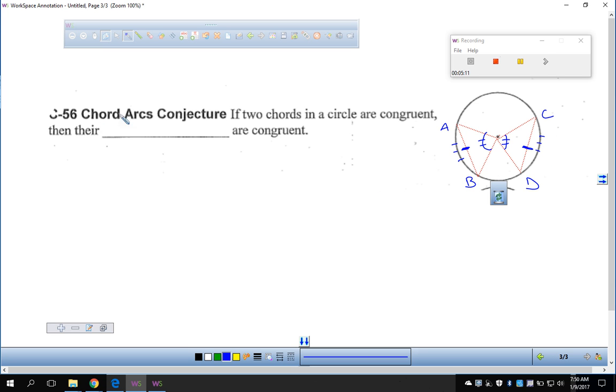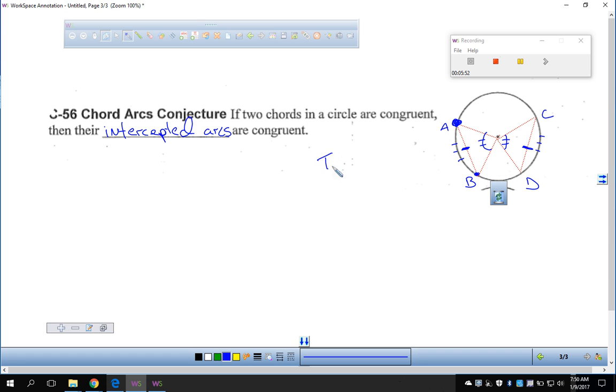It's just using deductive reasoning. If two chords in a circle are congruent, then their intercepted arcs are congruent. What is an intercepted arc? It's which piece of the arc is cut off by the radius or by the sides of an angle. So this is arc AB.